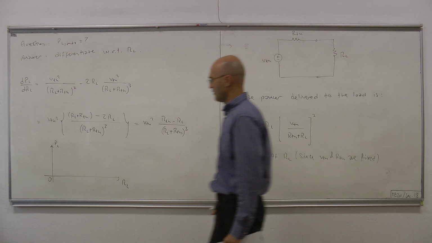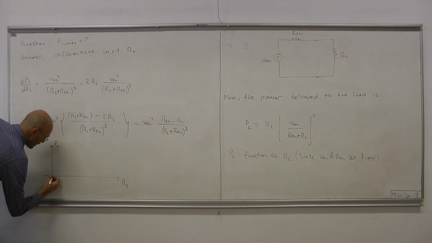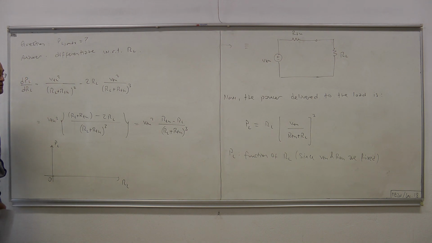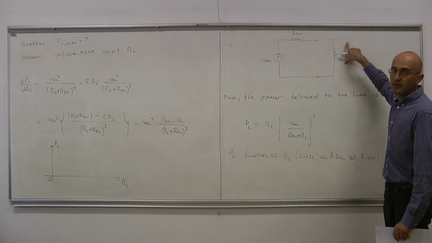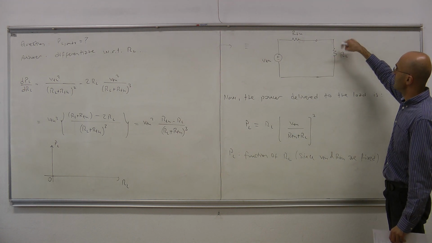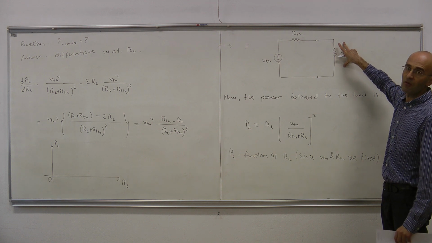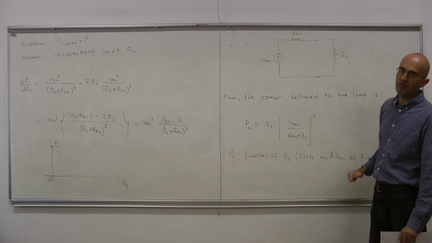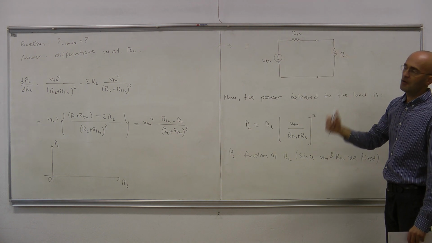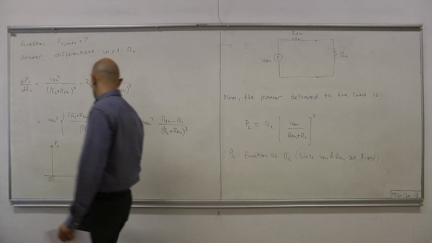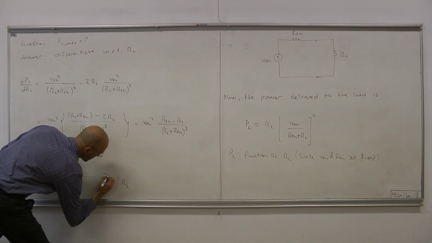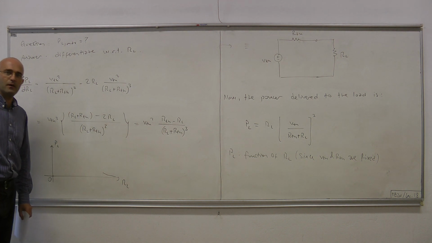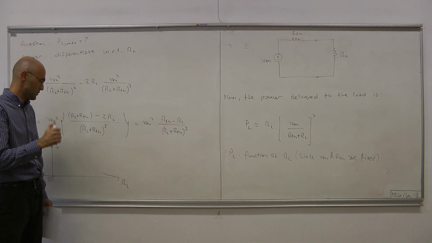So we start at 0. That's one extreme. At the other extreme, RL is very, very large and imitates an open circuit. Open circuit means there is no current, even though there will be some voltage. That voltage, V Thevenin, times the zero current gives us 0. So for very large RL, we have something very tiny, negligible.